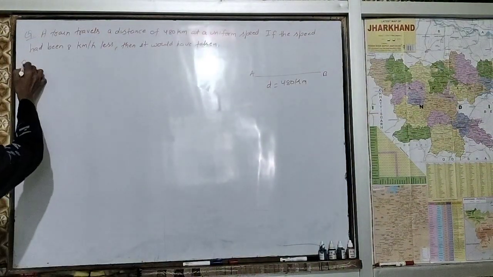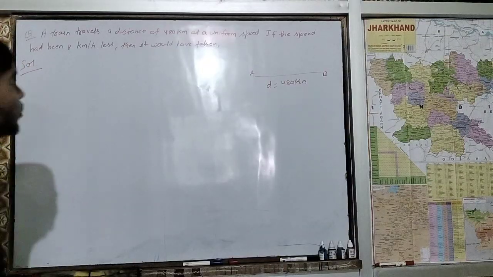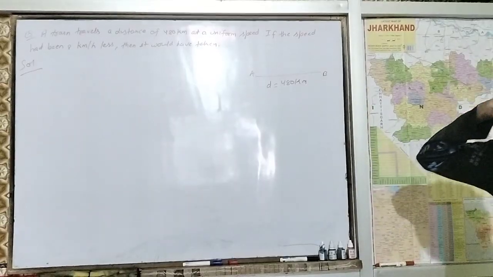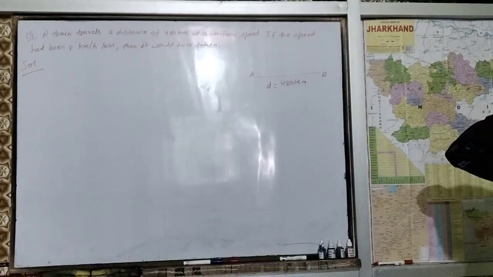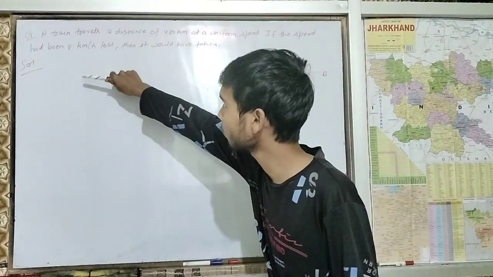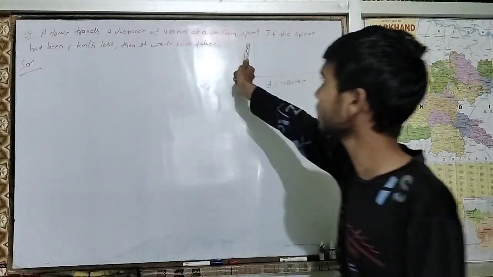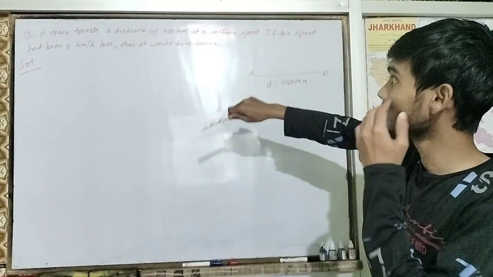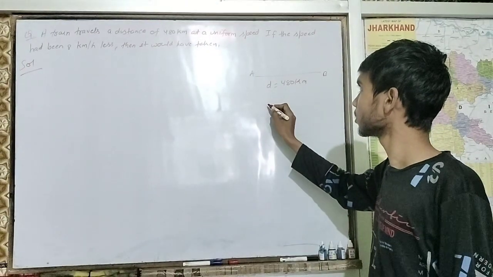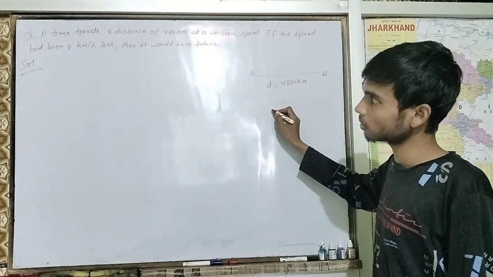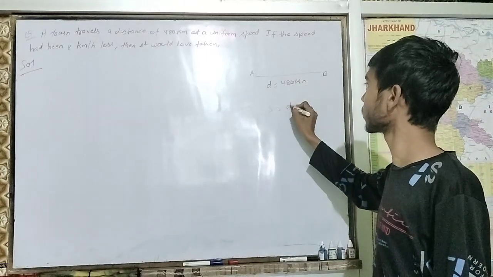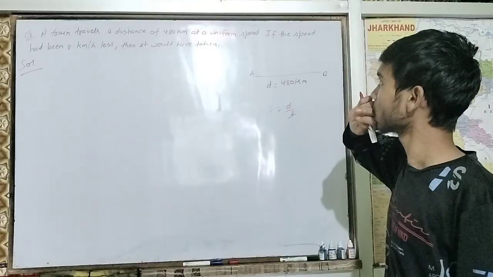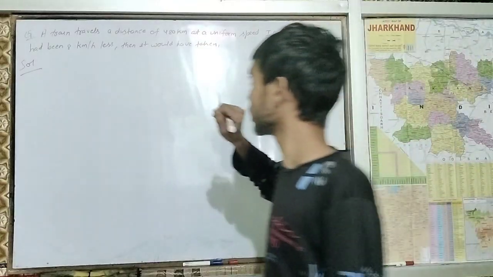We don't know the uniform speed, so let's say x, then we decrease it to x minus 8. We know that speed is equal to distance upon time.